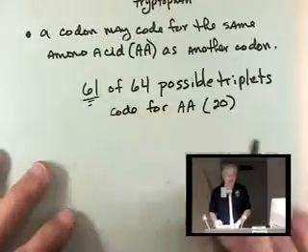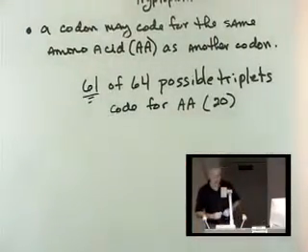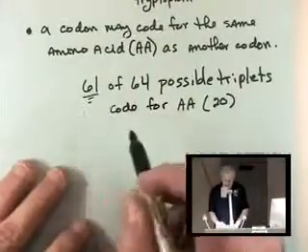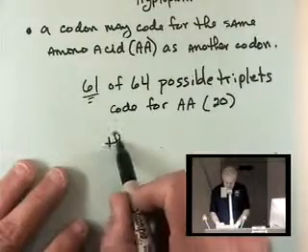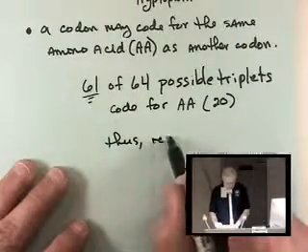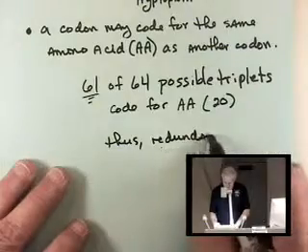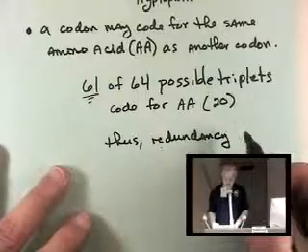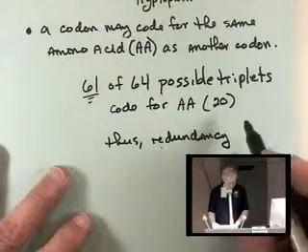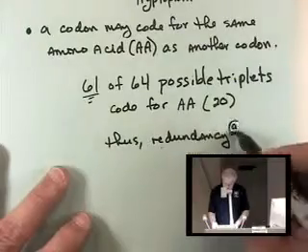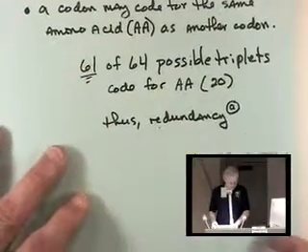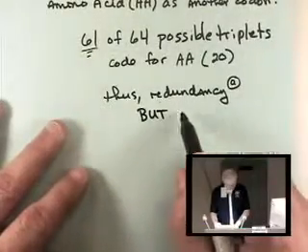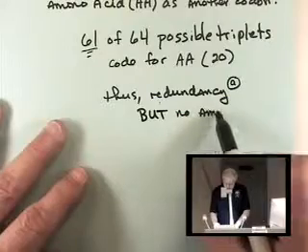So there's obviously going to be more than one codon for particular amino acids. What this is called is redundancy. So thus, there is redundancy. More than one codon is used for a particular amino acid. So I'm going to label this with an A in a circle for our later comment. A big but here. Whoops. There's no ambiguity.